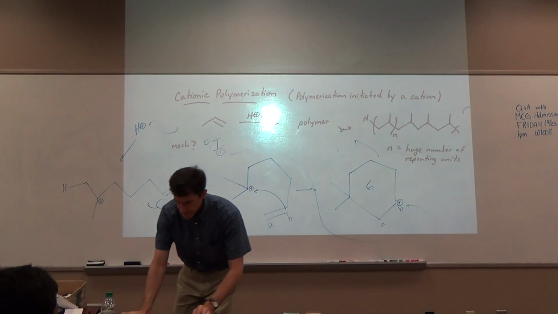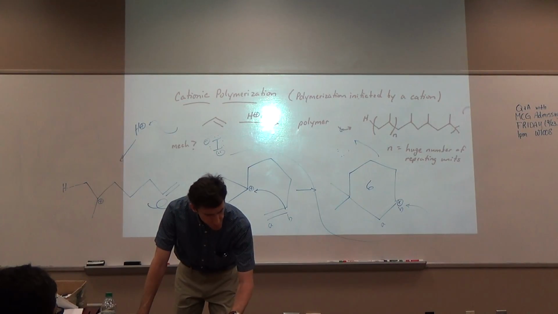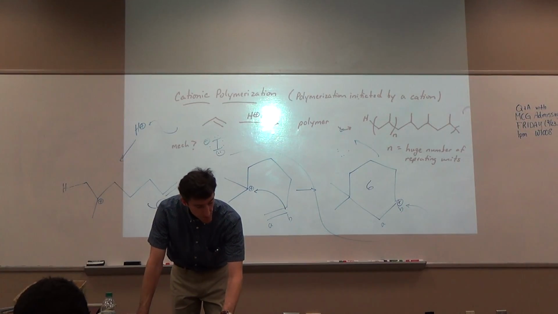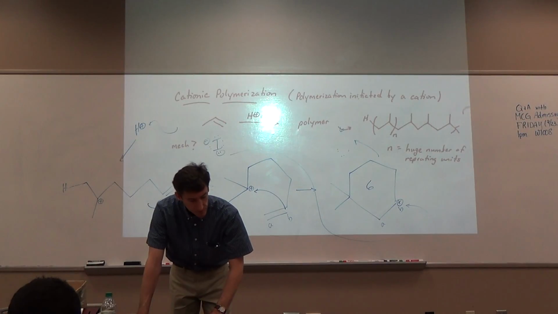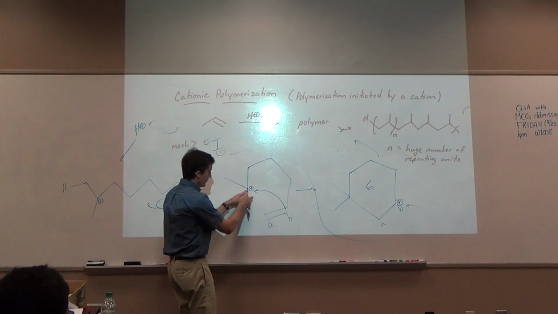What else was there? A little THC. Ring-forming reactions via alkene attacking cation within the same molecule. That's what we just did. What about another nucleophile attacking a cation within the same molecule? Well, back up here.